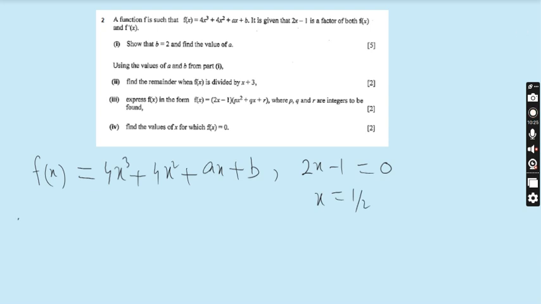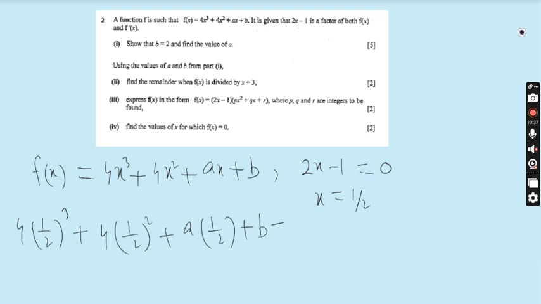Now put 4 into 1 upon 2 cube plus 4 into 1 upon 2 square plus a into 1 upon 2 plus b. This should be equal to 0, because when something is a factor, it means the remainder is always equal to 0. Simplify it.